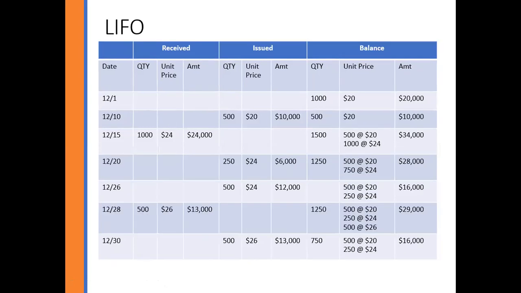Okay, LIFO, on the other hand, last in, first out. The goods purchased more recently are the goods that are going to get used first. The first two lines of this, December 1st and December 10th, are exactly identical to FIFO, because all we had was this beginning inventory to use in production.